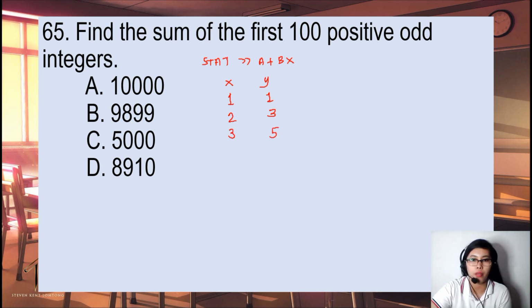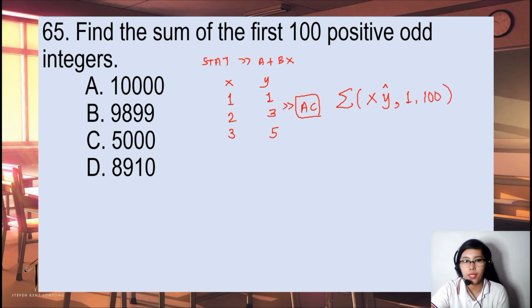Then, click AC. Okay. Then, go to shift log or the summation sign, alpha x. Then, shift 1, 5. Go to y hat. Then, comma, 1 to 100. Okay. Let's try.